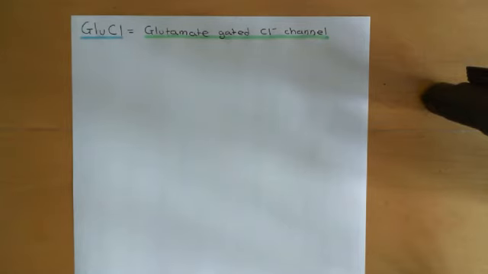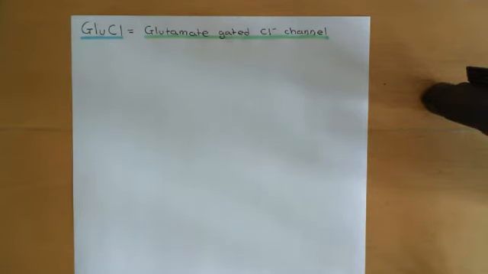What's really interesting about this channel is that it's present on the myocytes, the muscle cells of these worms, and when it opens, it can allow chloride anions into those muscle cells, and therefore it inhibits the muscle cells from firing action potentials, and thereby inhibits them from contracting.